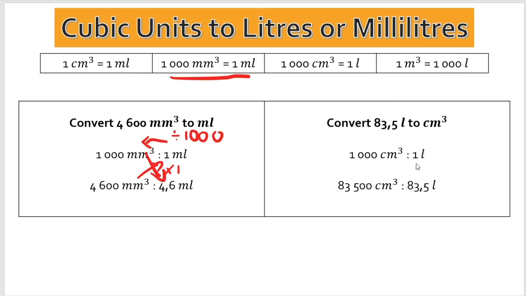The same on this side, 83.5 liters times 1,000 centimeters cubed divided by 1 gives me 83.5 liters times 1,000 divided by 1 gives me 83,500 centimeters cubed.